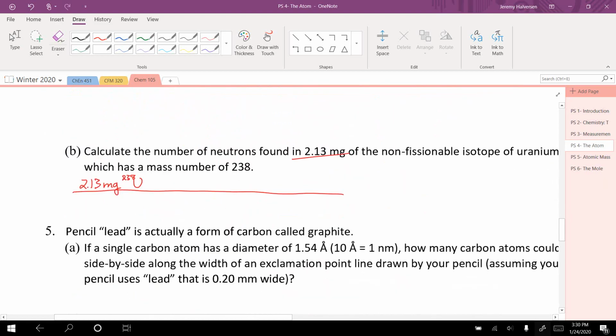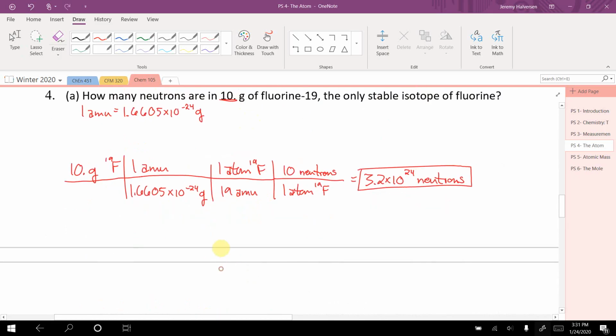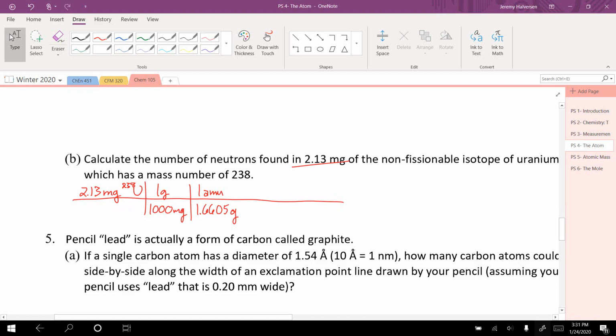Take my mass and get it to grams, because I know there's 1,000 milligrams in 1 gram, and I can use that AMU conversion of 1 AMU is 1.6605 times 10 to the negative 24 grams.